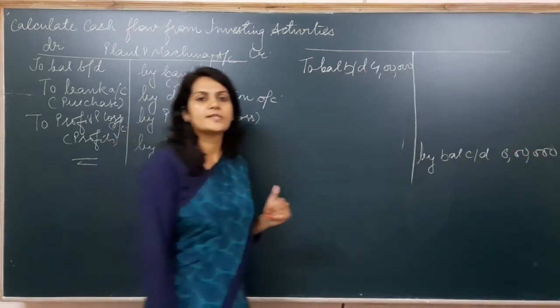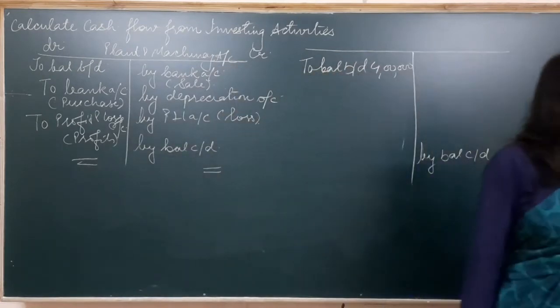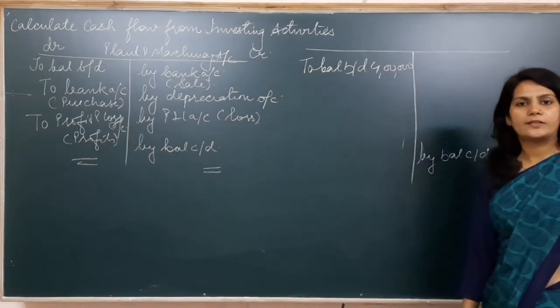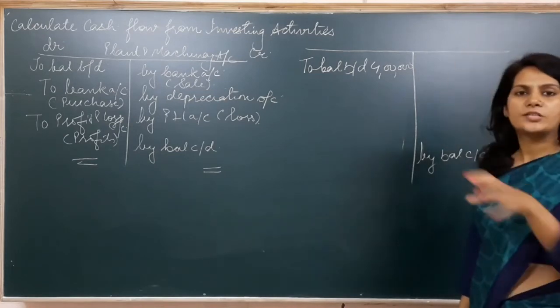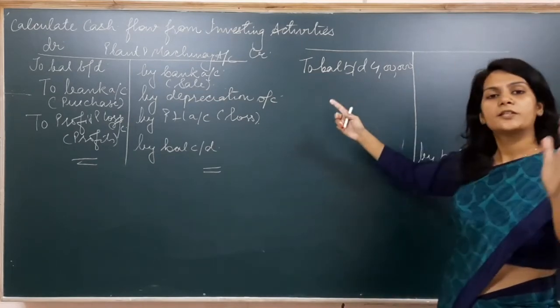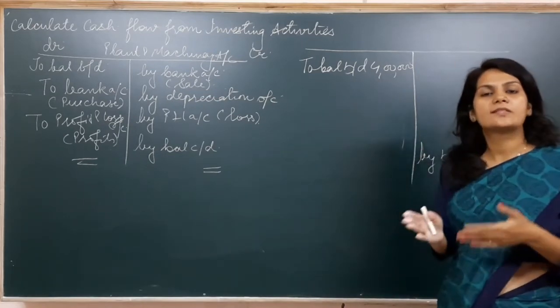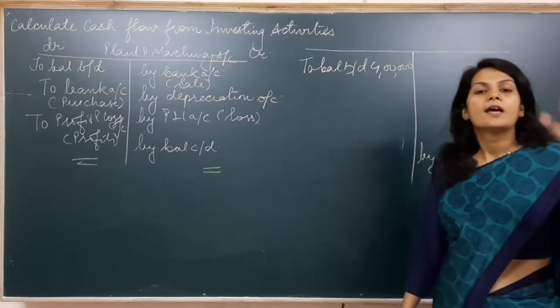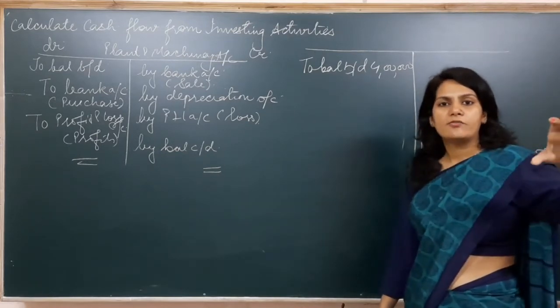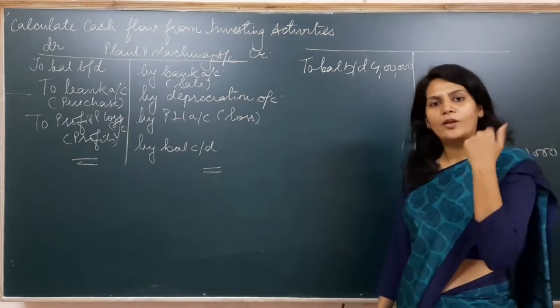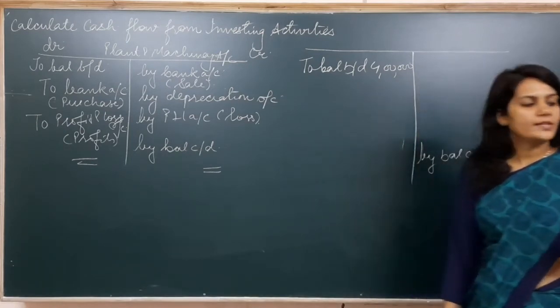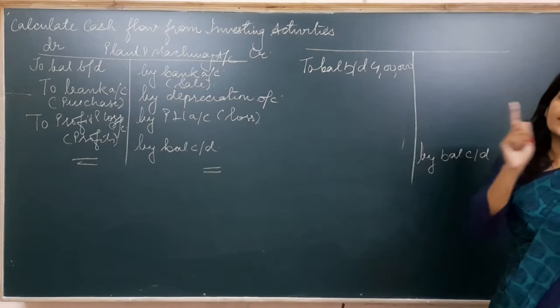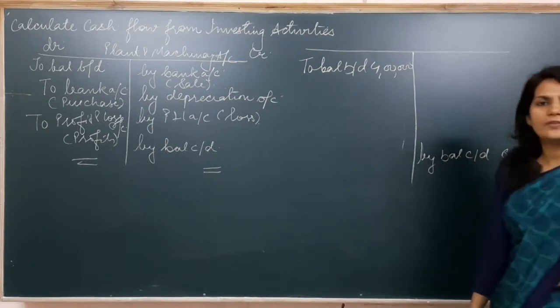Read what information is given to you. It is written that a machinery costing rupees 50,000. It means that out of all the machineries, 4 lakh is the total cost of all the machineries at the beginning of the financial year. Now out of all those machineries, I have sold off only one machinery whose cost is rupees 50,000 and depreciation on that machinery is 15,000.